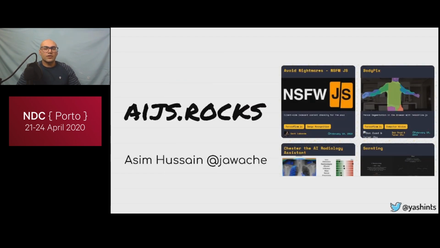There are people in the community who are doing great stuff using Tensorflow.js. Asim Hussain, a developer advocate for Microsoft, has created AIJS.rocks, a website which has heaps of different models created by the community, by people who love to contribute to open source.